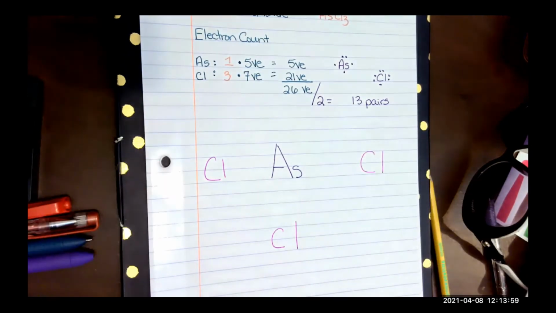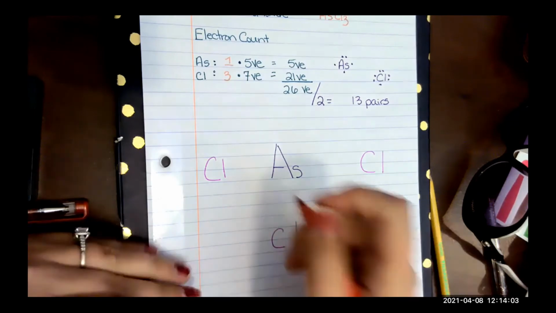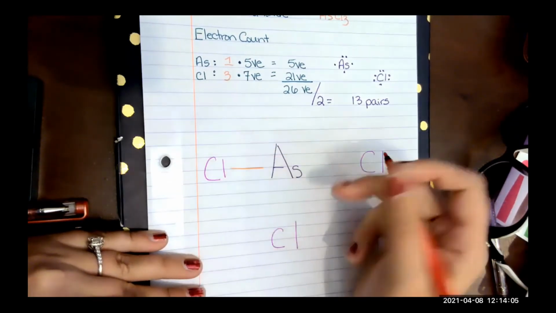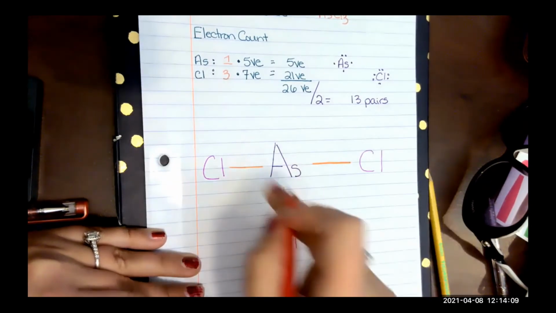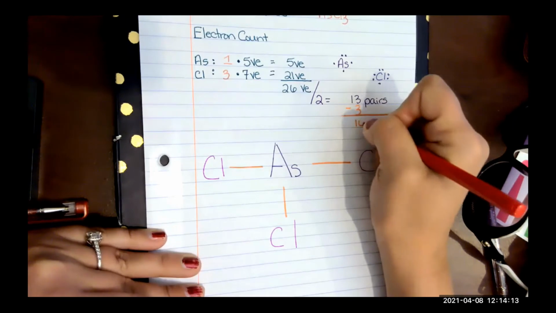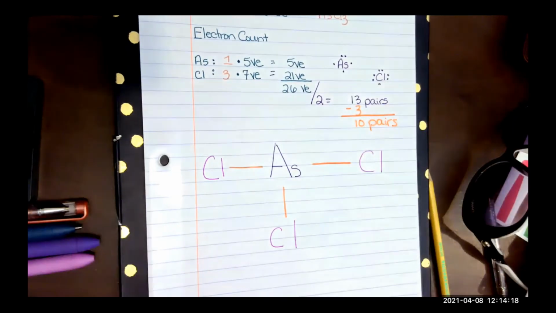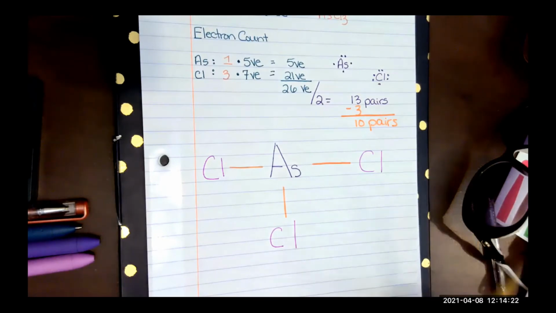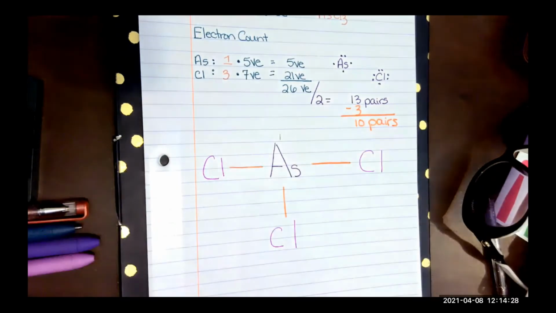And then you're going to put in your first lines, because you always approach everything with lines. You put in 3 lines, you get to subtract 3, and that gives you 10 pairs left. Now what you always do is figure out if you can put in the pairs without adding in more lines. So you have 1 here that's needed.